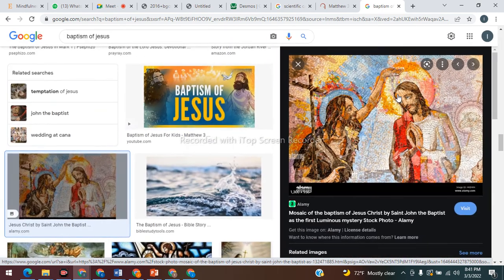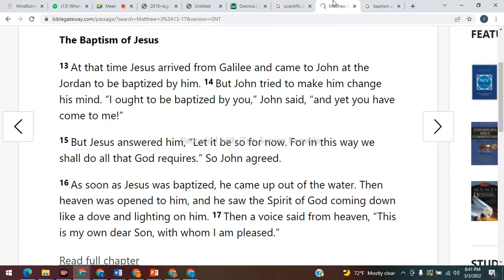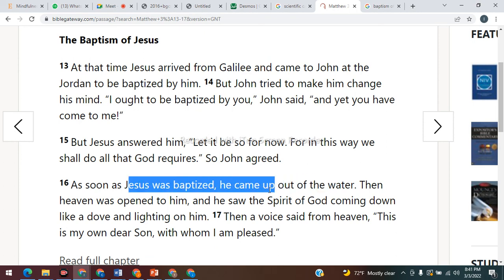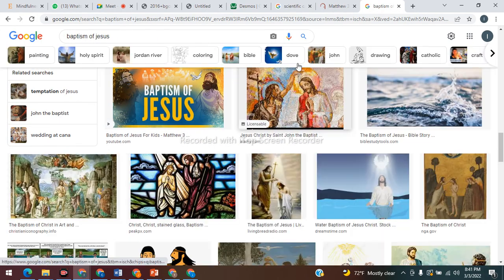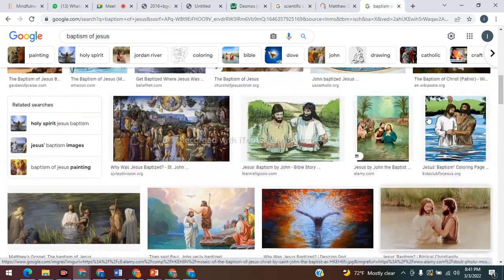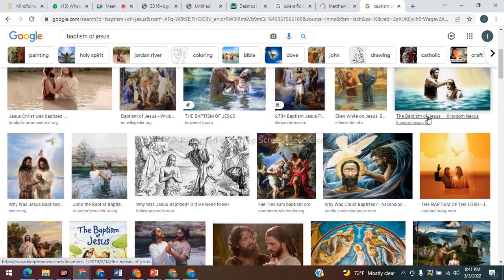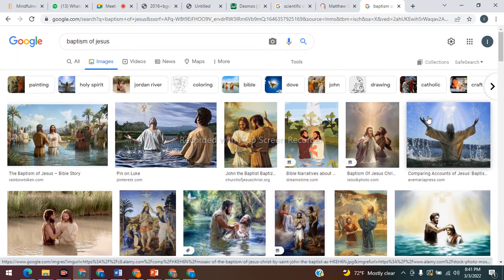So the reason why that's wrong is because if we look at what the Bible says, it says that, as soon as Jesus was baptized, he came up out of the water. So if he came up out of the water, that means he had to first go down. So that means he was submerged. It wasn't any sprinkling.